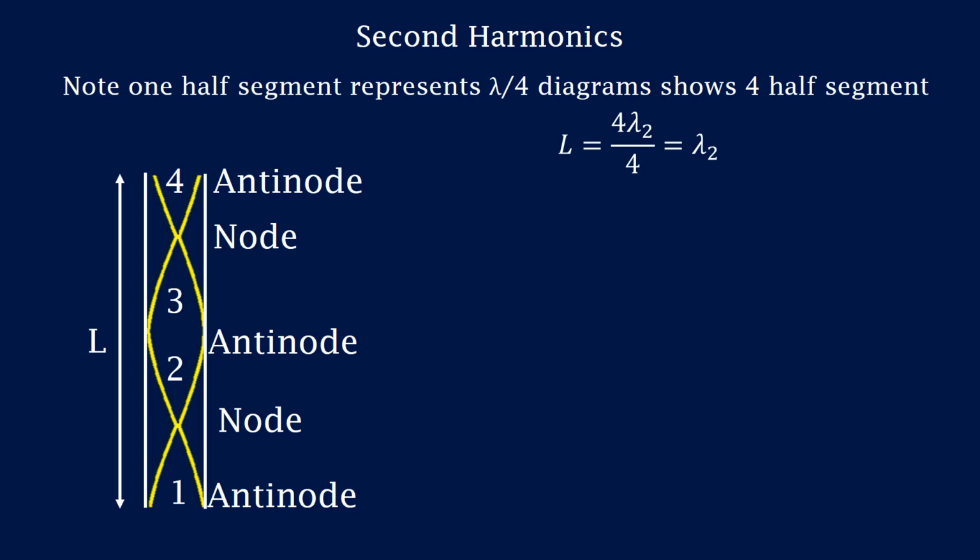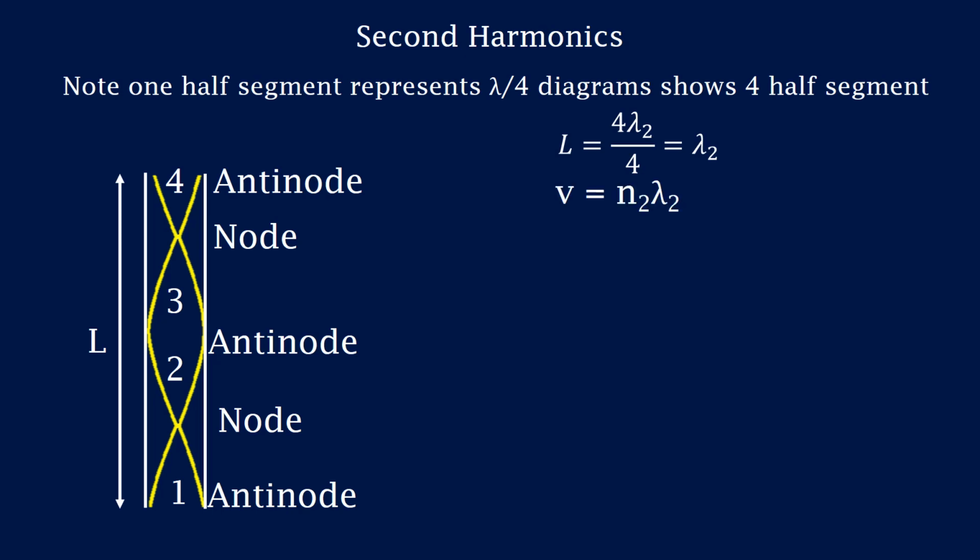In this case, the wavelength of the second harmonic, lambda 2, is equal to the length of the pipe, or lambda 2 is equal to L. The number of half segments is 4 and a half segment is equal to lambda by 4. Therefore, L is equal to 4 times lambda 2 by 4, or L is equal to lambda 2.